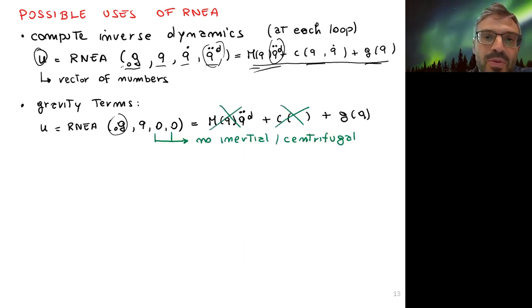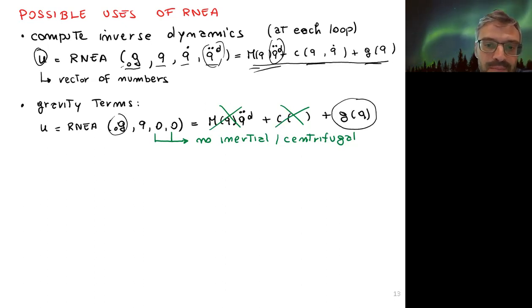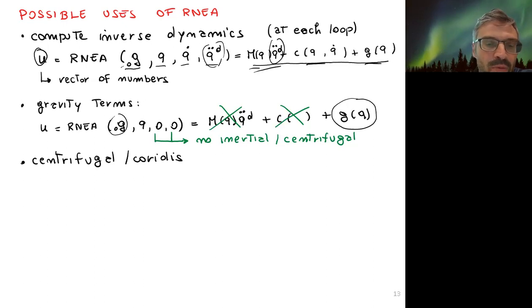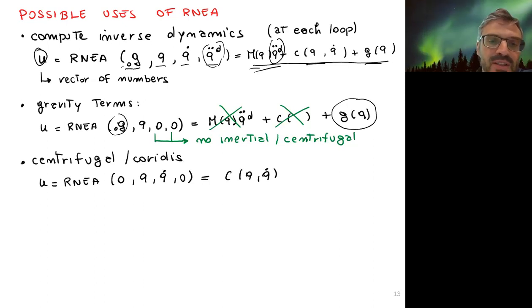And if you put 0 for q dot, you nullify the centrifugal term and remain with only the gravitational torque. While if you want only the centrifugal and Coriolis, instead you put 0 for the gravity vector, so it won't compute the gravity forces, and you put both q and q dot and no acceleration.